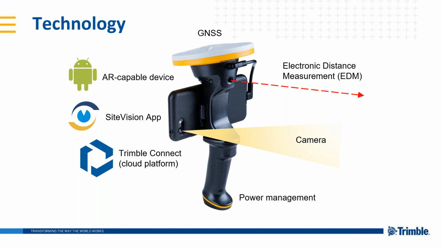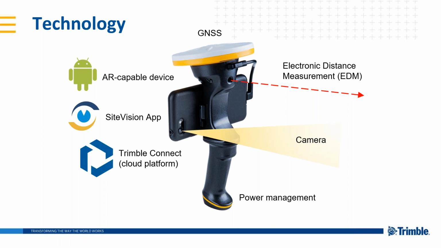So what's really unique about this system is the coming together of the high accuracy GNSS with the electronic distance meter and the AR capability of the Android operating system. And they are the core components that deliver the experience that I was showing you in the previous images, and that you'll see in the upcoming examples as well.